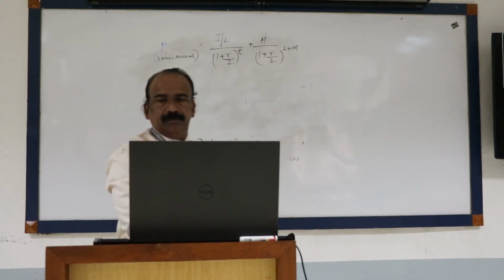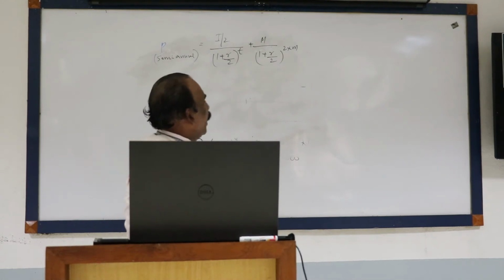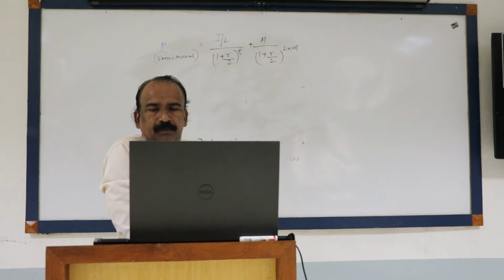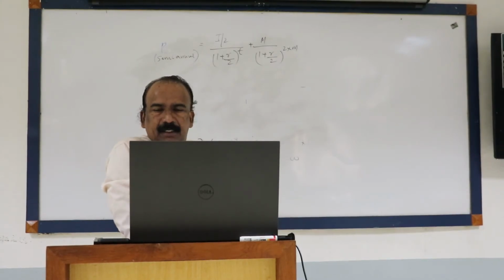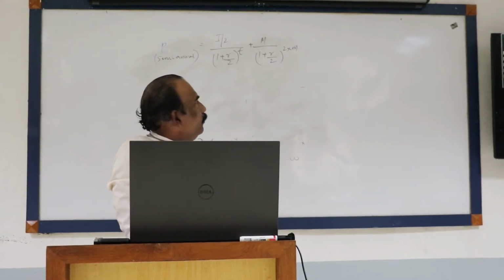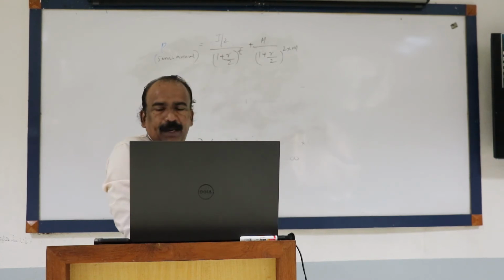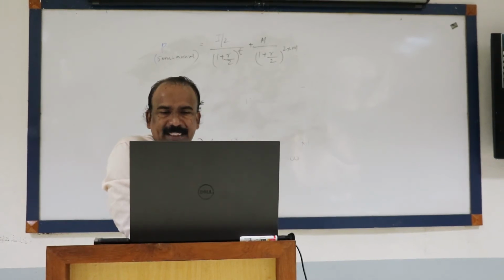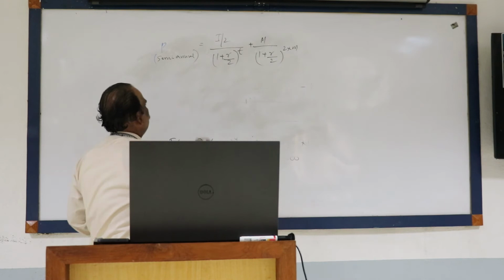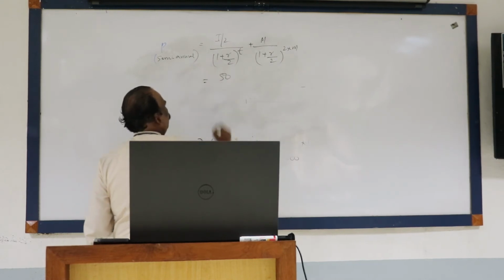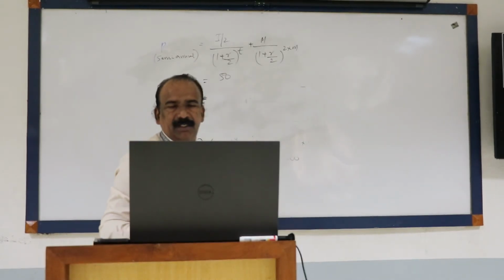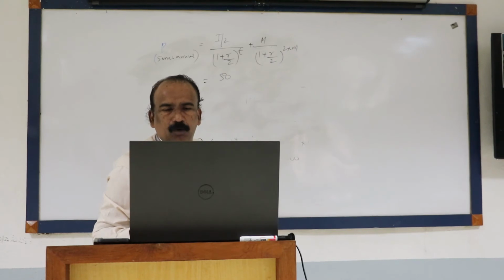Here the 5 years we need to calculate for 10 years. So what is the coupon? The coupon will be 50, not 100. R will be 9%.